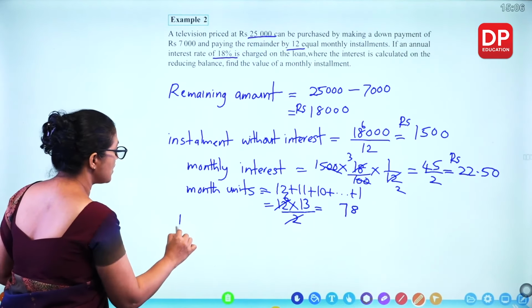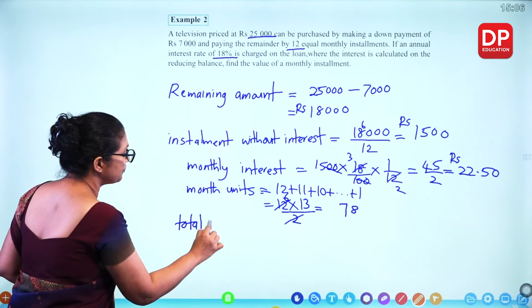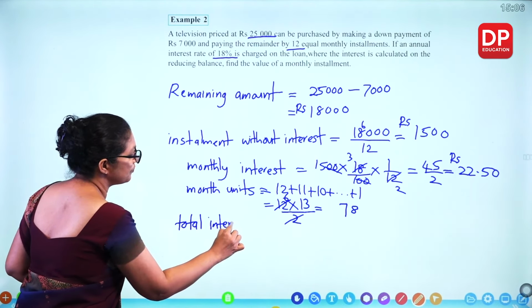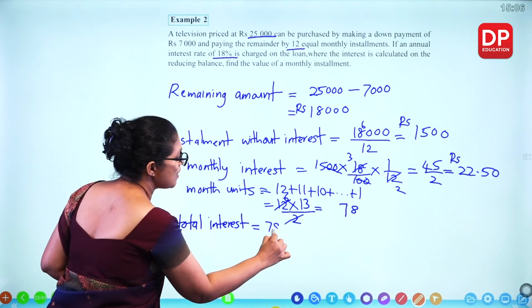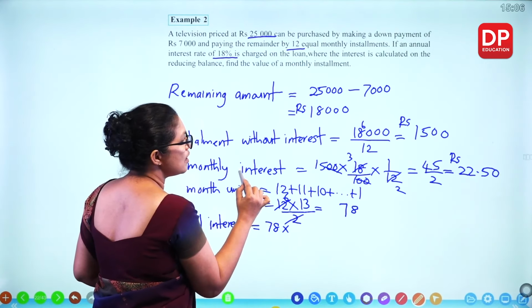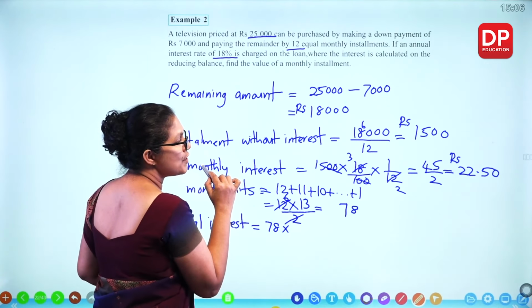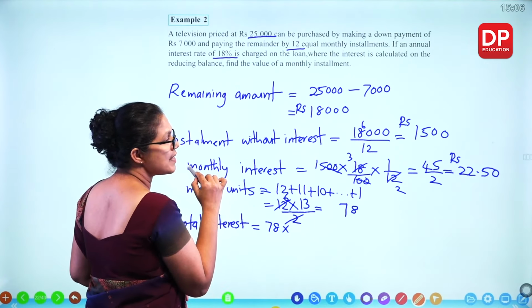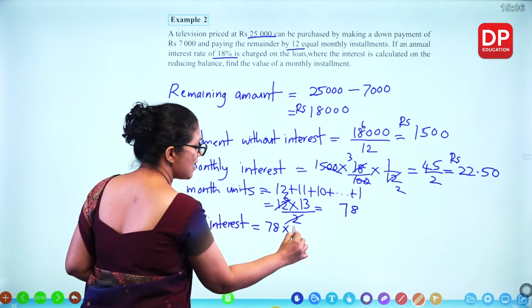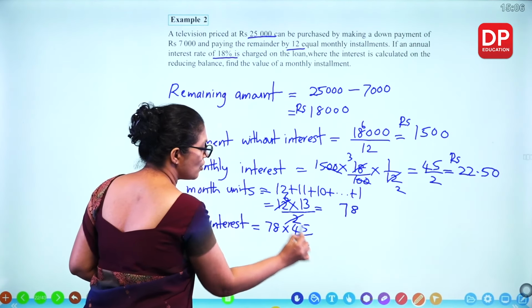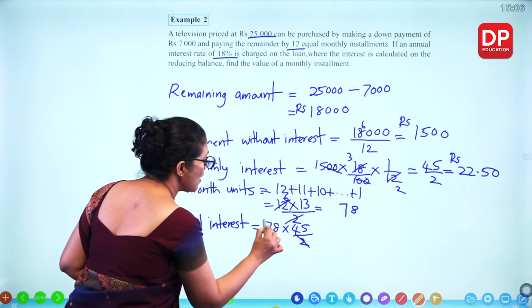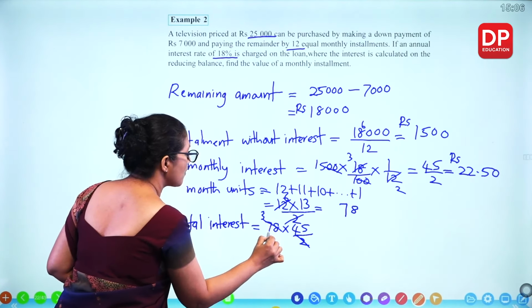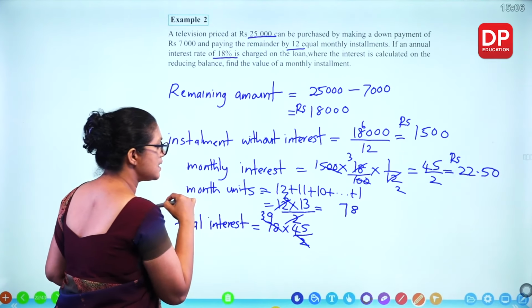So what's the total interest? 78 month units, each month 22 rupees and 50 paise. 22 rupees and 50 paise I can take as 45 over 2. That's easy for my calculations. So divide by 2, 39.